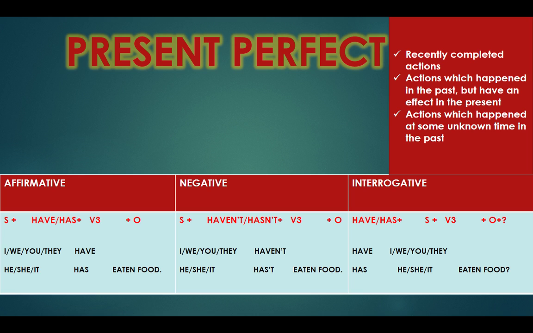You know, in Urdu we call it mera bazu toot gaya. So the arm breaking happened in the past. But you know what? I still have proof. I can still see that my arm is broken, and it is full of bandages. It's not completely recovered. It hasn't been fixed properly yet.